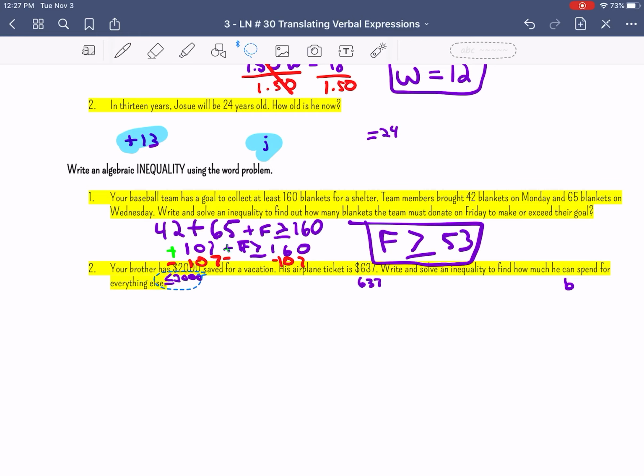So that means that with $2,000, the sign is going to face them. So then 637 and whatever else he spends is going to have to be less than or equal to 2,000. So arrange that and solve it and find out what it's going to say: B is less than or equal to blank. Okay?